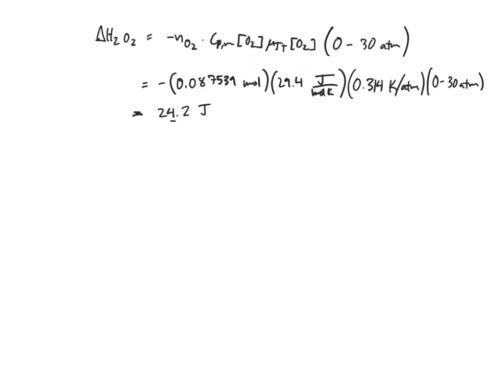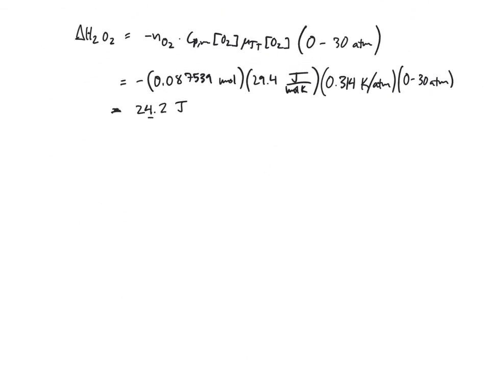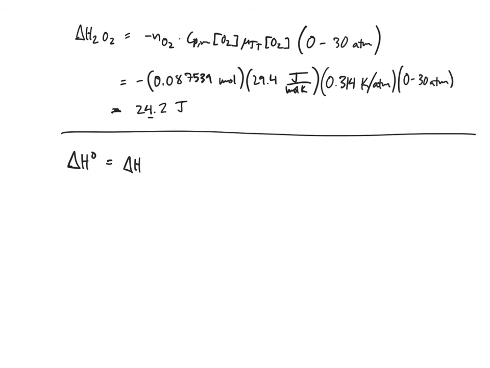All right, we are almost there. We are very, very close to being done. I'm going to get my enthalpy at standard conditions now, and it's going to equal my original delta H that I found in the last video, minus delta H1, minus delta H2 for CO2, and delta H2 for O2.